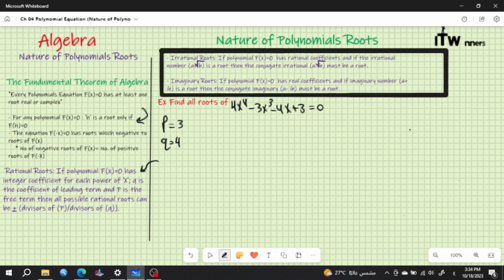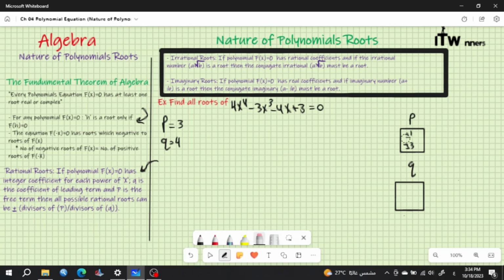The divisors of p are 1, 3, plus or minus, and the divisors of q are 1, 4, and 2.